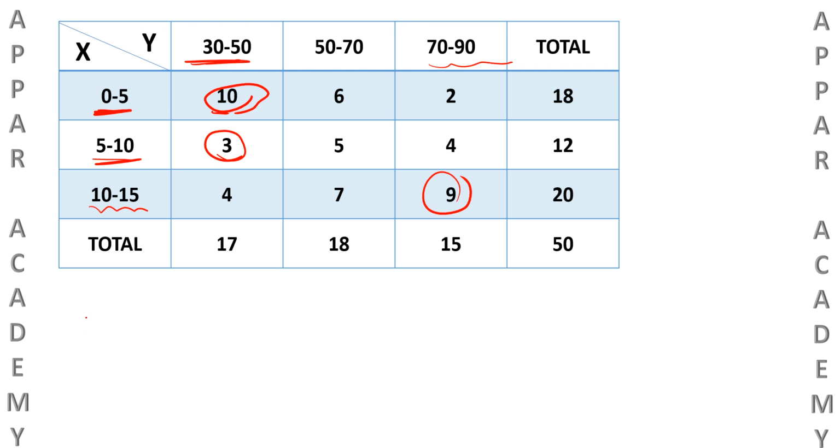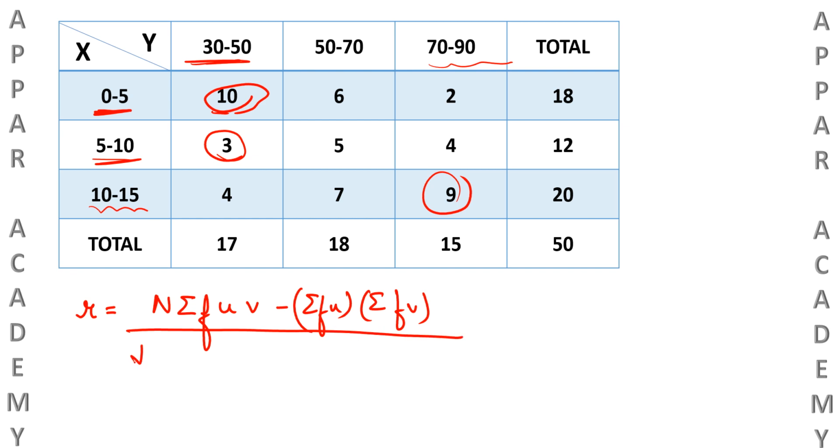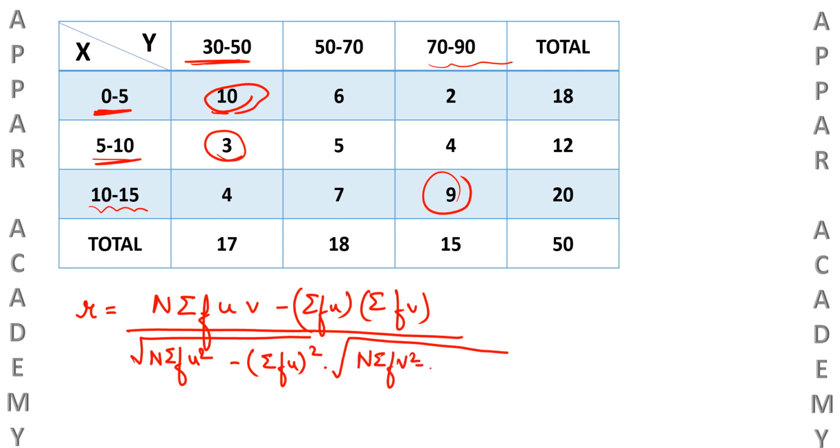First of all, let us see the basic formula to find the coefficient of correlation, which is represented by R. R is equal to n times summation fuv minus summation fu times summation fv, upon the square root of n summation fu square minus summation fu whole square, times n summation fv square minus summation fv whole square.